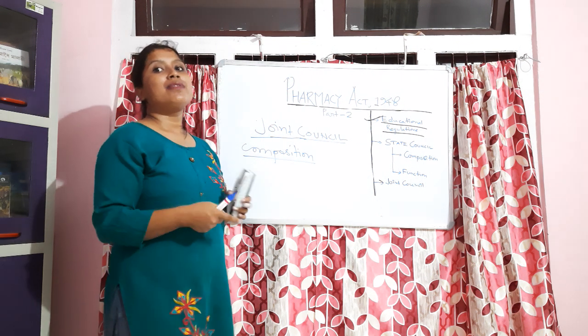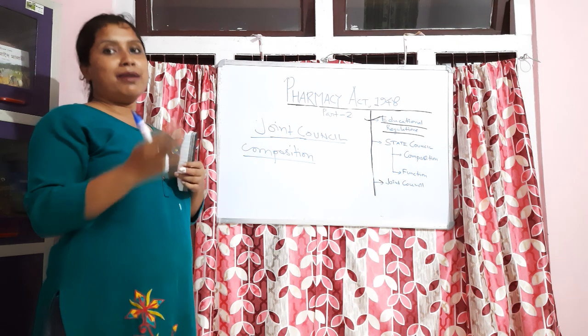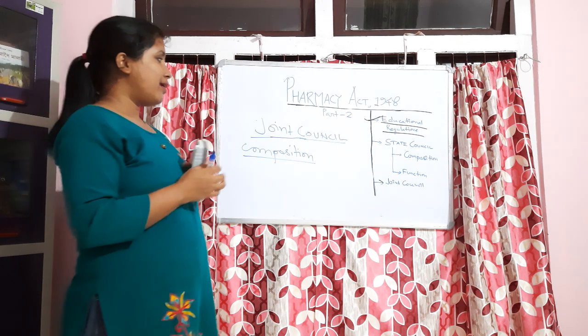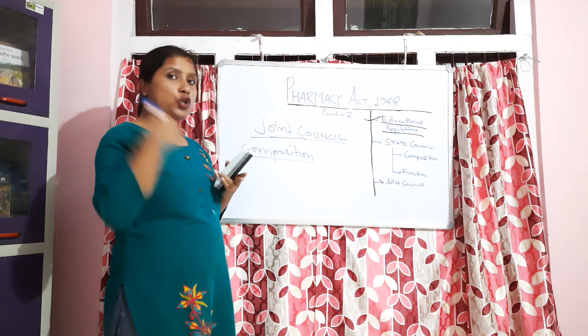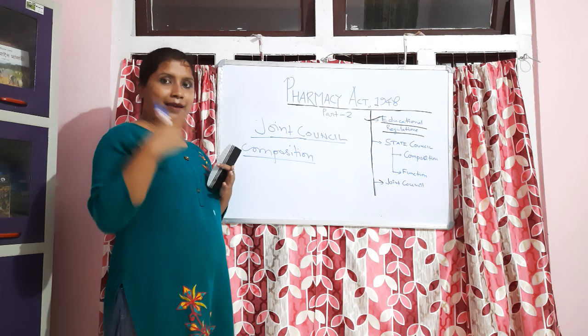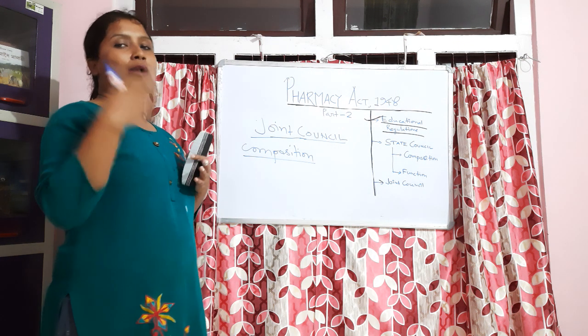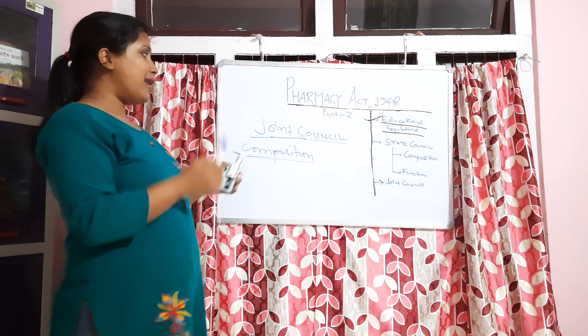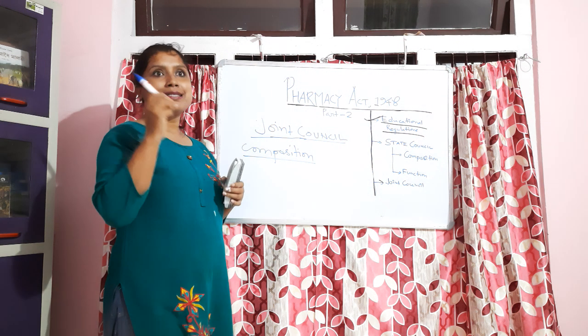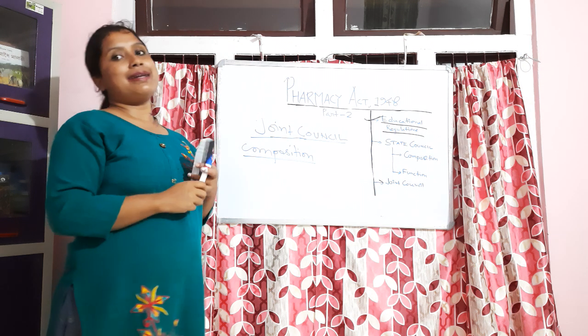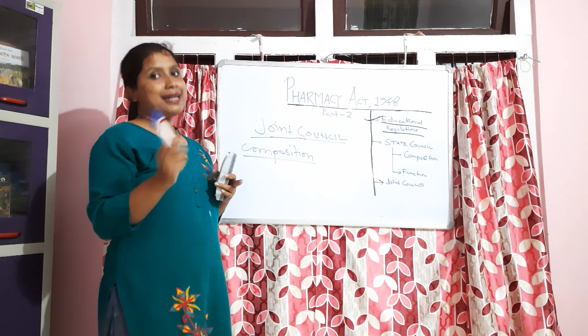Then from both state governments, they will nominate not less than 2 and not more than 4 people who are from a pharmacy background. Then from each state, 1 member will be elected by the state medical council.